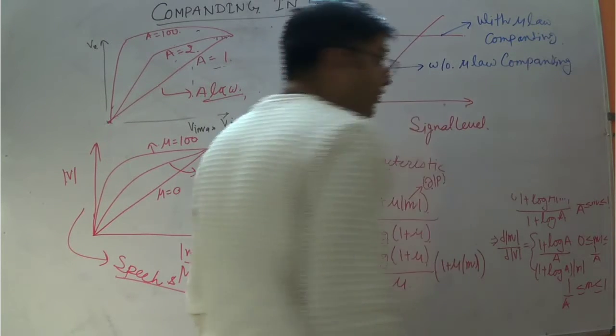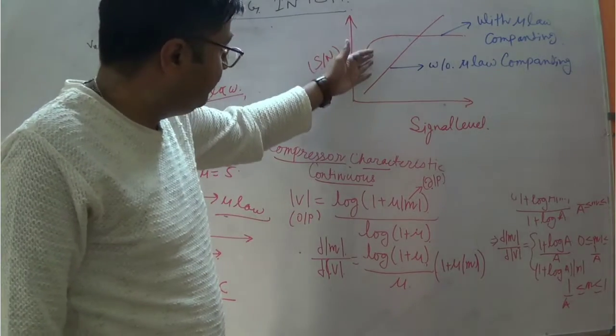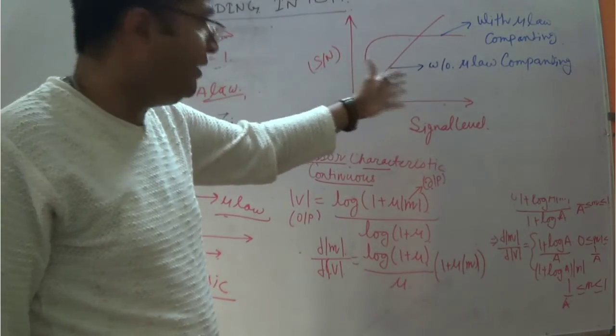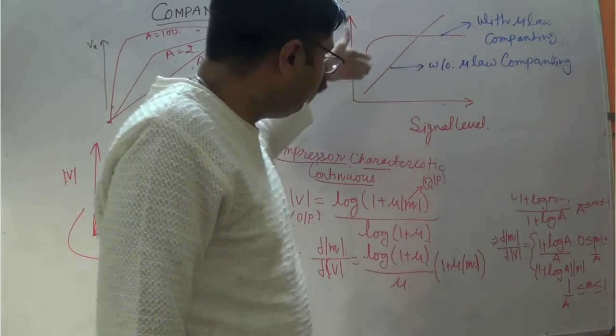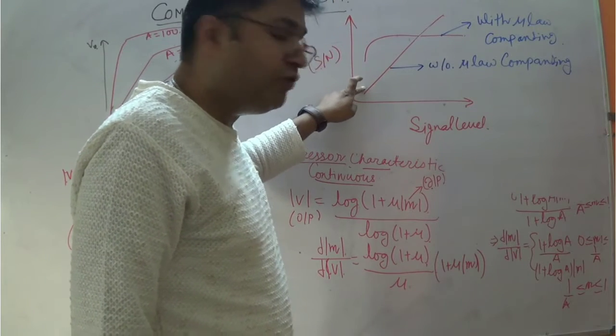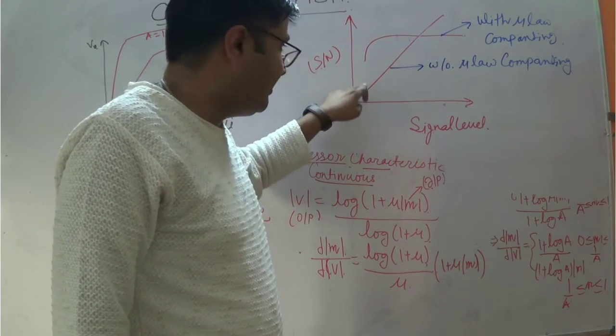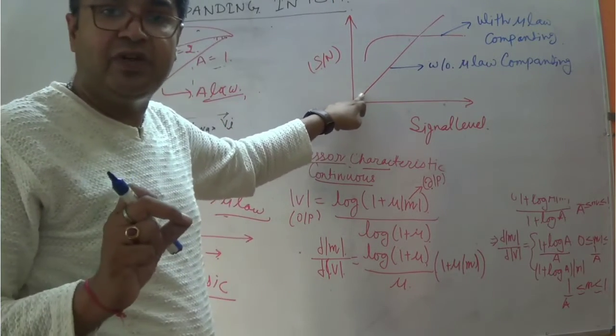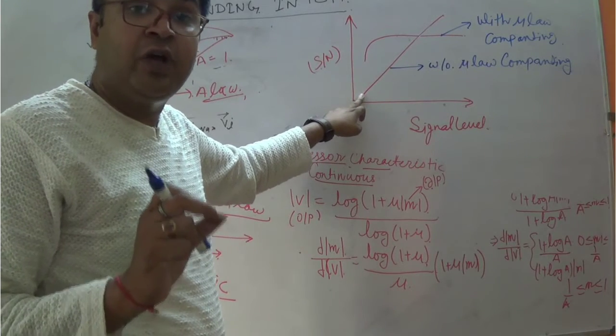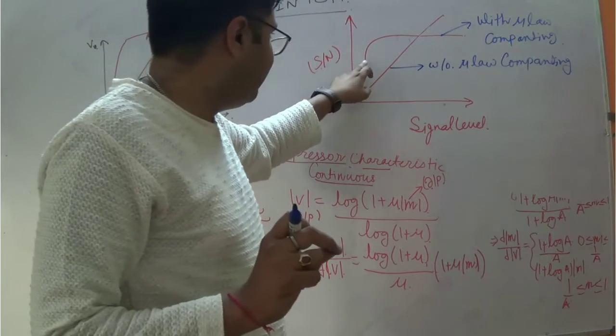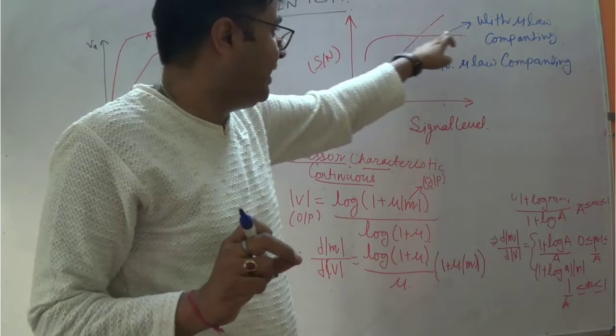So we have two different methodologies. If we don't use mu law companding, the characteristics will be uniform and uniform quantization will be there. Due to this, the lower signal will have a lower SN ratio, but with companding even the lower signal has a high SN ratio.